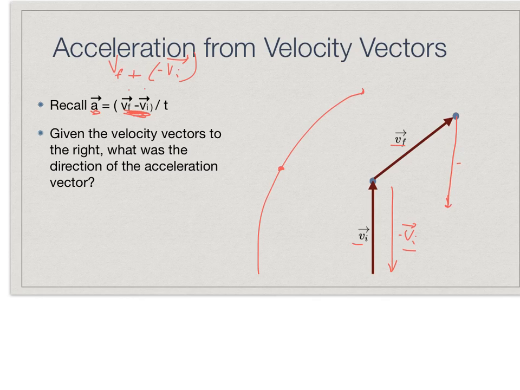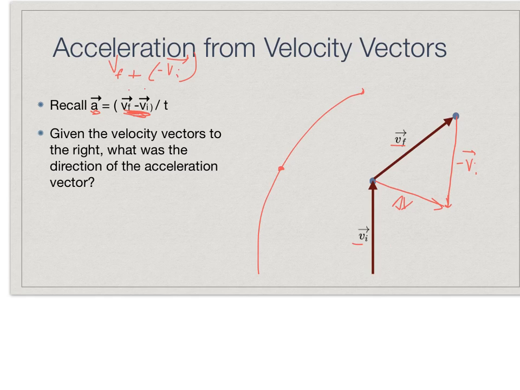This is also negative vi, and I did tip to tail, so those are added. So I moved over there, and the resultant is from where I started to where I end. That's really my delta v, which is the direction of my acceleration.